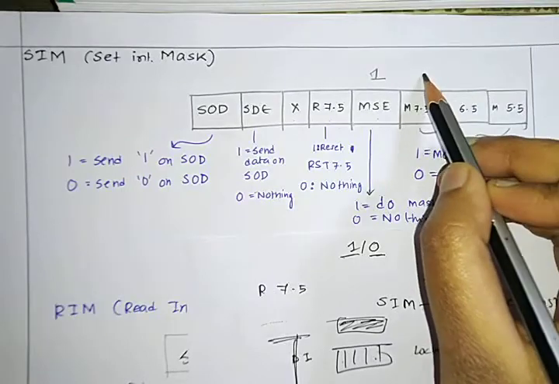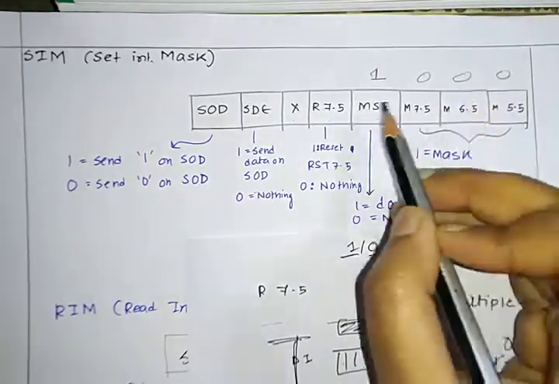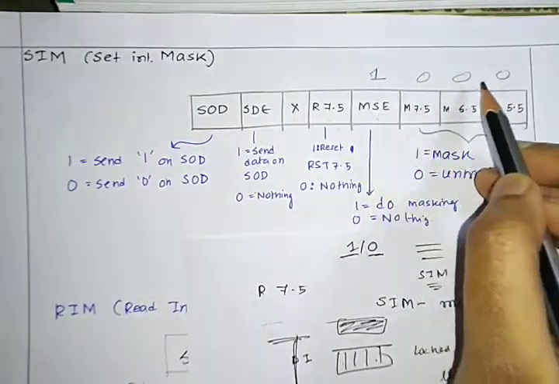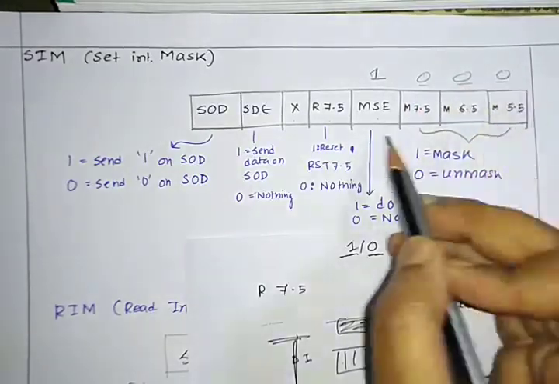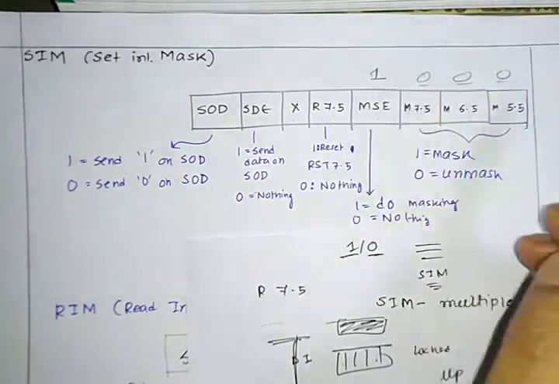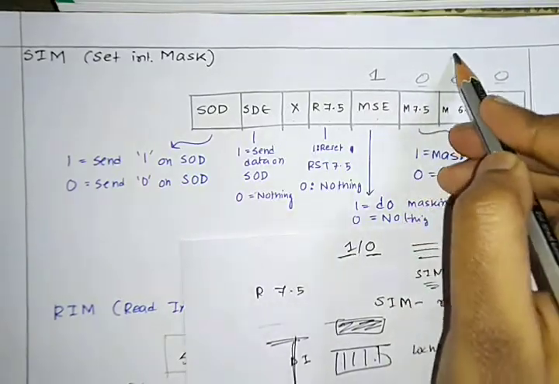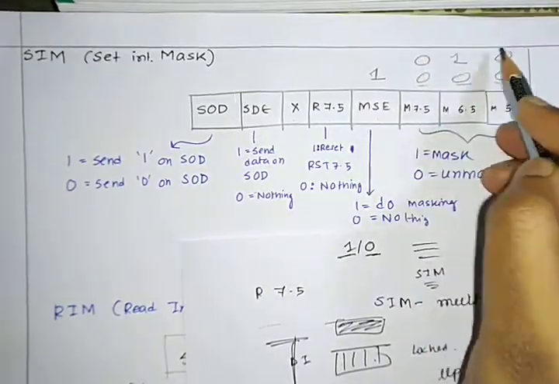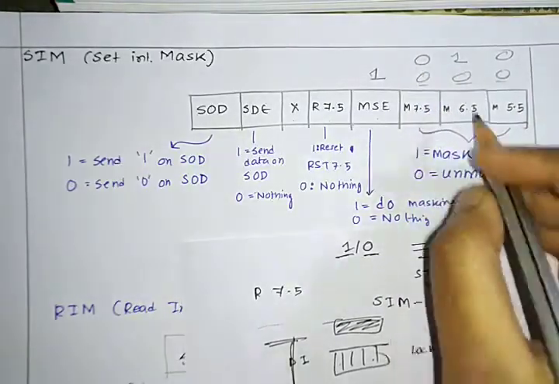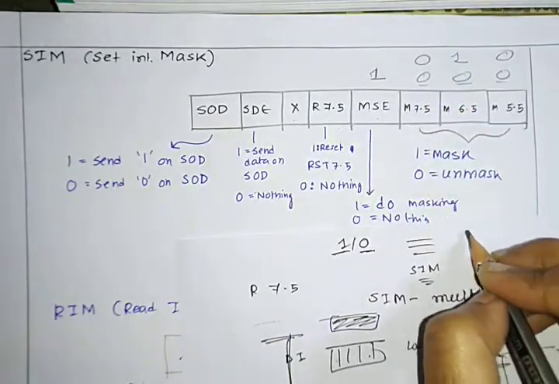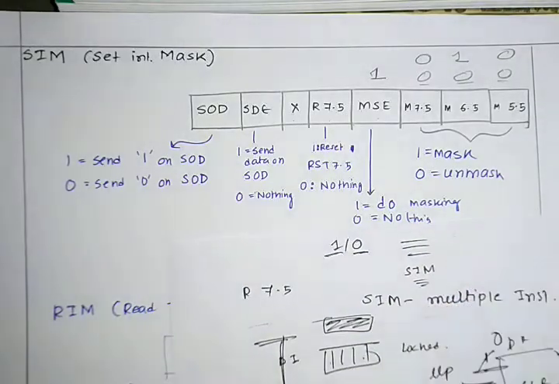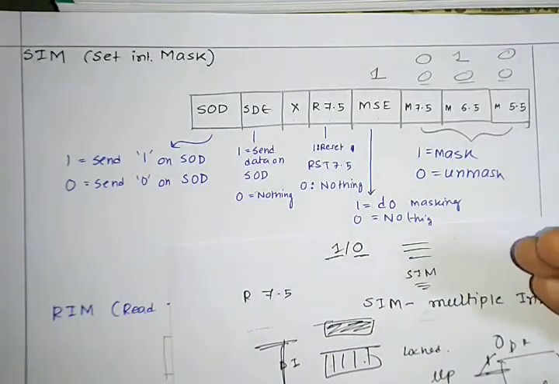So if I set this to 1, I'm now free to mask them. Suppose I set 0, 0, 0: I'm allowed to mask, but I don't want to mask any of these interrupts. Then maybe I want to mask only 6.5, so I set 1 for it and give the others 0. So these 3 bits can be whatever, 0, 0, 0, or 0, 0, 1, or 0, 1, 0, according to your choice, according to the interrupt that you want to mask right now.